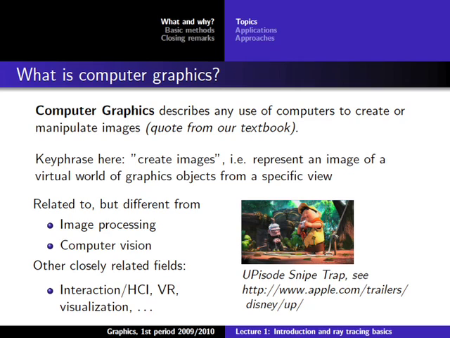The same is true for computer vision. Computer vision is basically all kinds of approaches that try to get an understanding of the real world from an image. So, for example, this includes everything like face tracking.